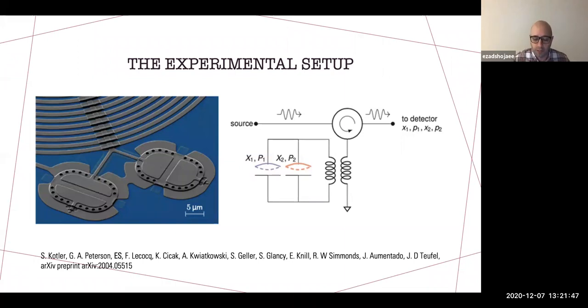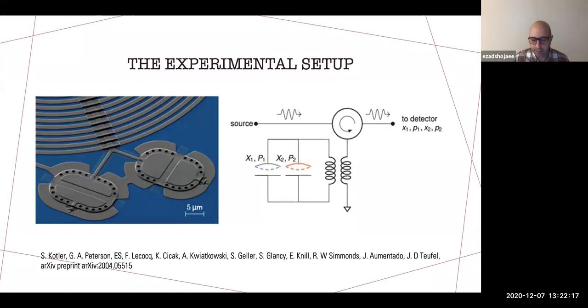You have two aluminum drums which are suspended above a sapphire substrate, and they are basically two harmonic oscillators which move perpendicular to the substrate with frequencies of order tens of megahertz. And each of these drumheads is the top plate of a capacitor, as you see on the right in the schematics of the experiment, where the bottom plate is fixed to the substrate.